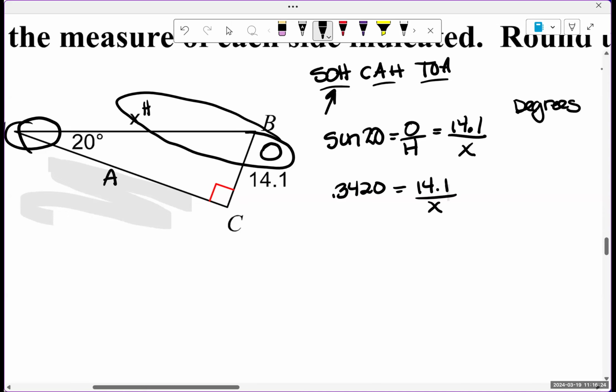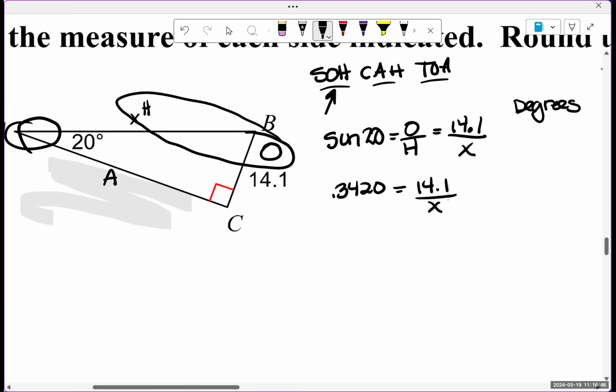Now, on your calculator, do the sine of 20 degrees.